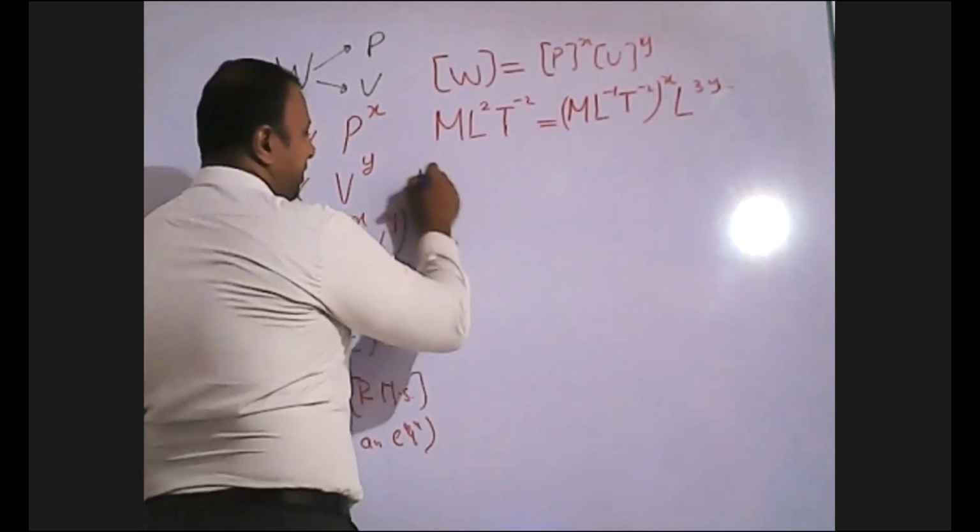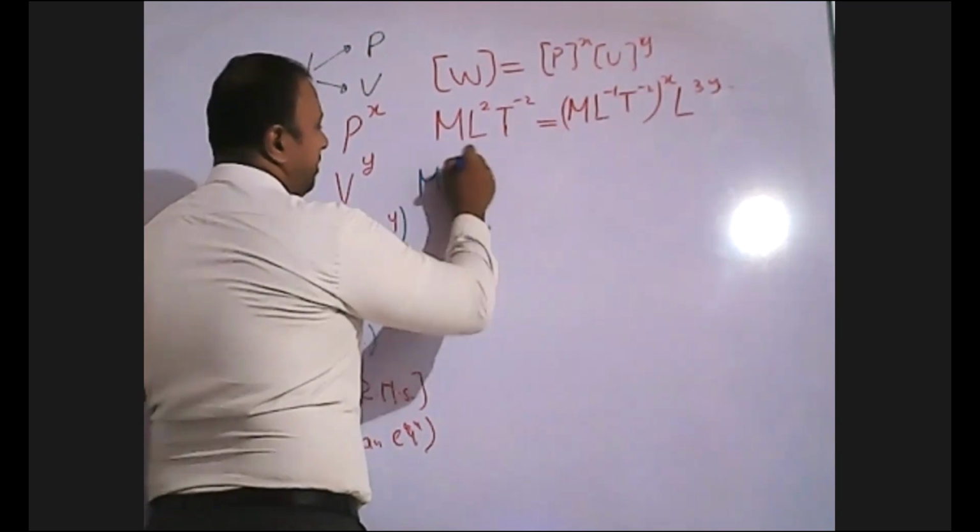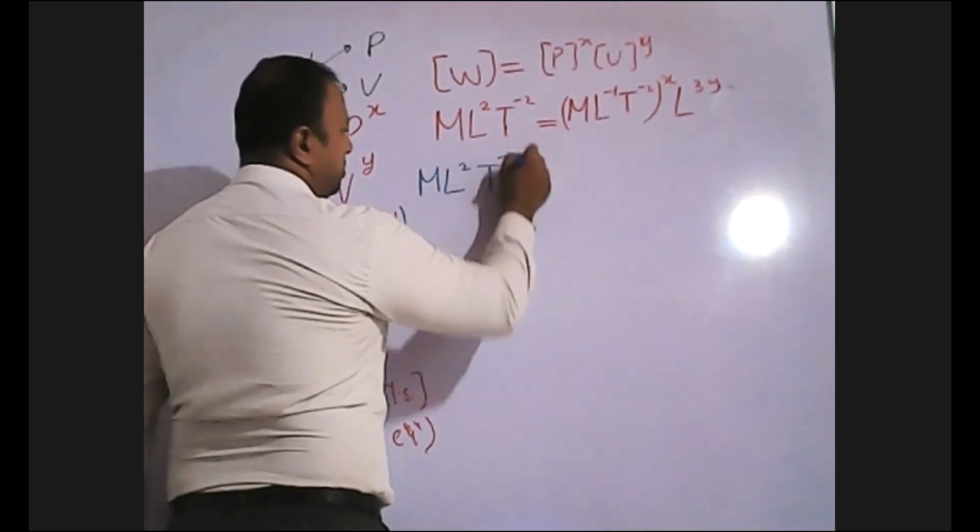On the LHS, you don't want to simplify anything: M L squared T minus 2.